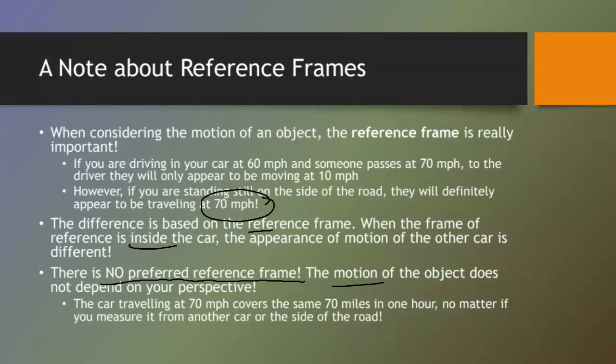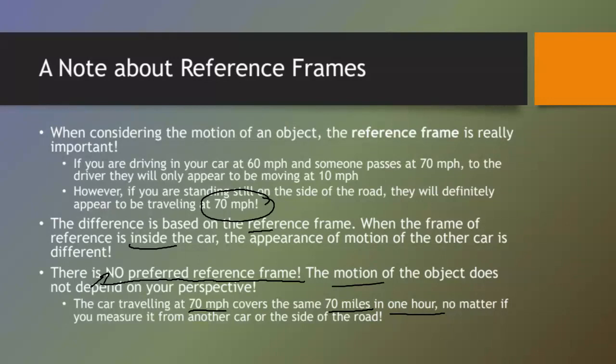So a car traveling at 70 miles per hour, whether you're standing on the side of the road or riding in the car next to it, is going to cover the same 70 miles in 1 hour, no matter how you measure it from either place. That's what this means.